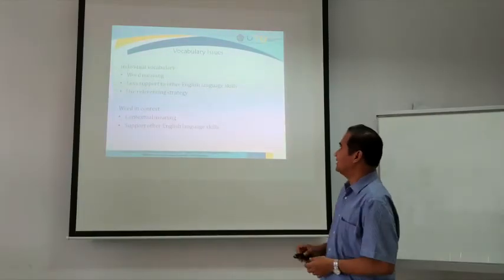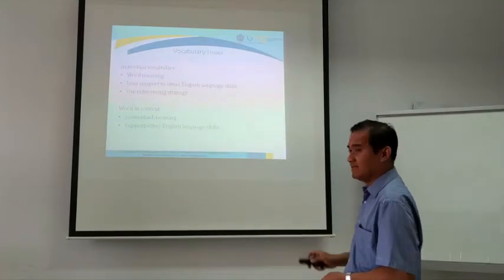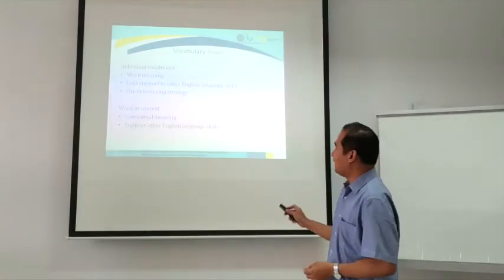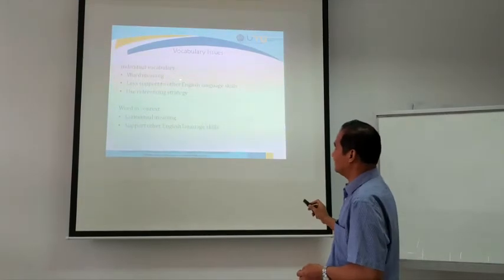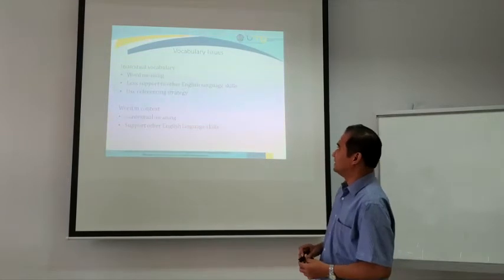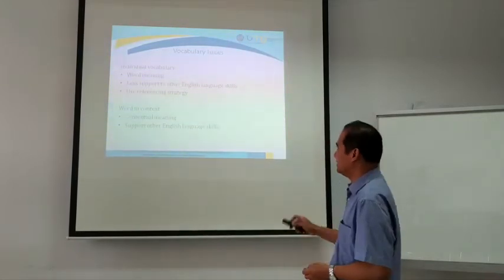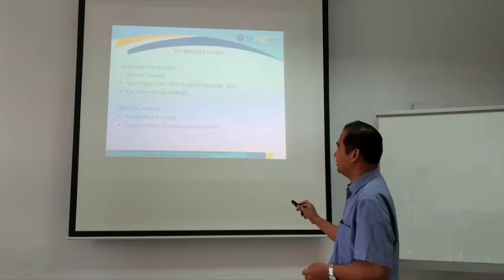There are 2 main issues in vocabulary: individual vocabulary and vocabulary in context. Vocabulary as part of reading is usually taught as individual vocab. So now we look deeply at individual vocabulary. Actually, the purpose of individual vocabulary is to find the word meaning only.